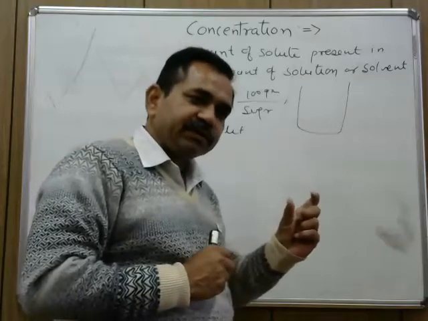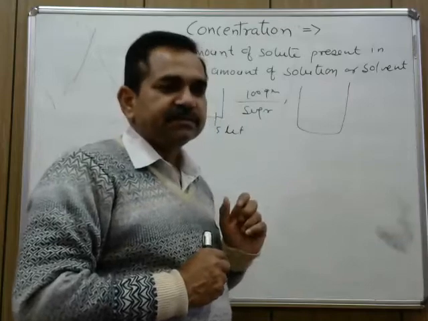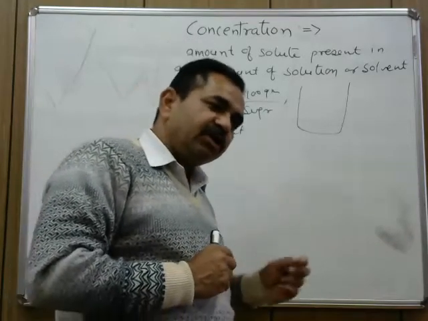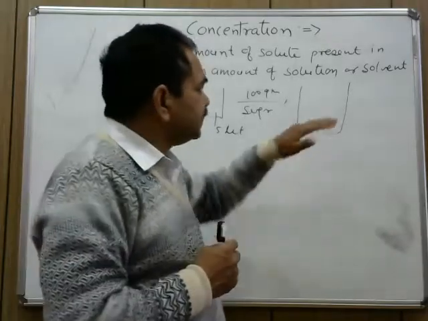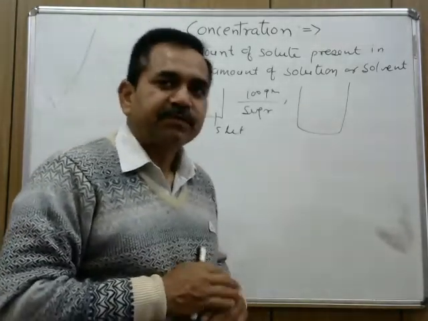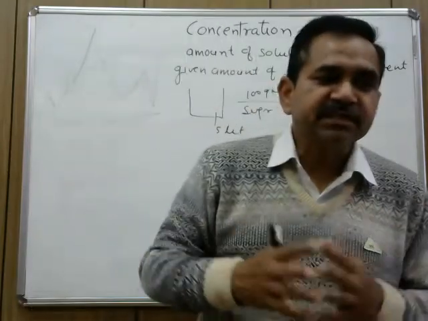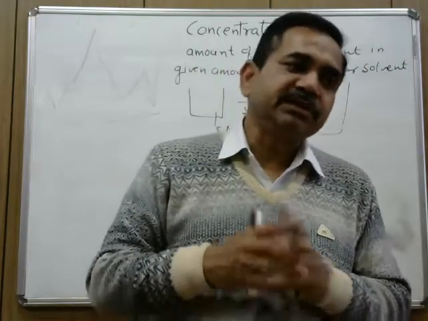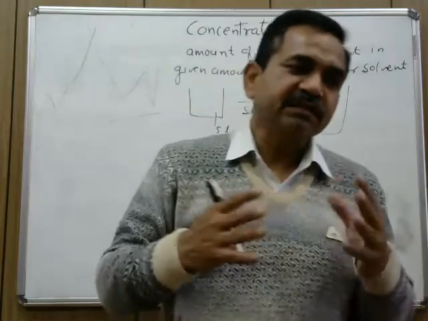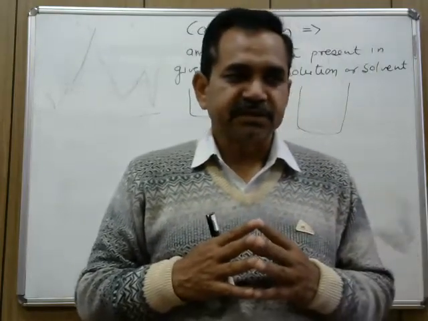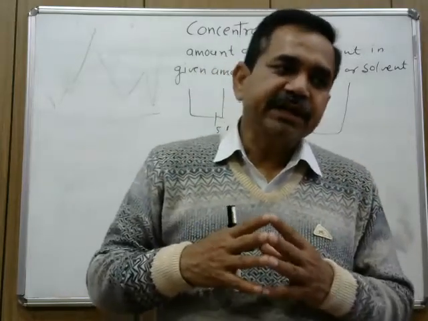This 20 grams per liter, or 100 grams per 5 liters, is the concentration of the solution formed. So basically concentration refers to the amount of solute present in a given amount of solvent or in a given amount of solution. Now how can this concentration be quantified, how can it be expressed?